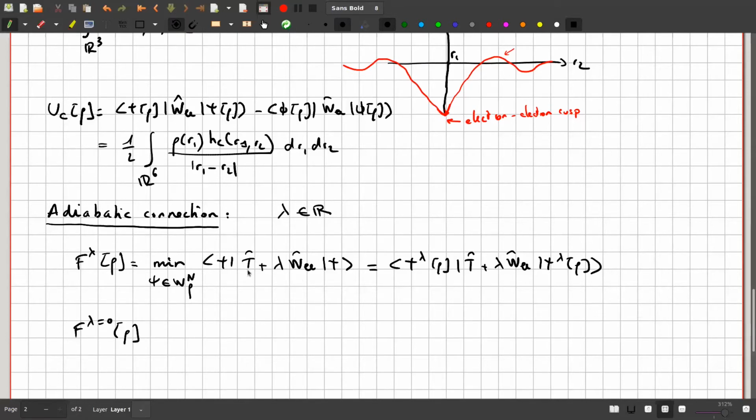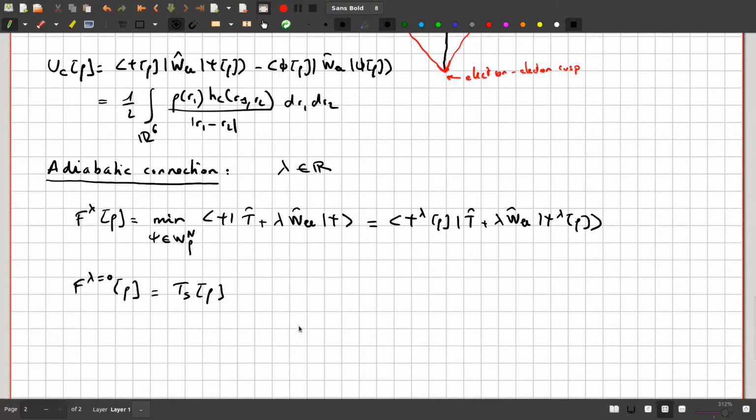And if you assume that the Kohn-Sham system is non-degenerate in its ground state, then if you have only T, you can limit the wave function to be a single Slater determinant. And in this case, you will recover the definition of Ts, that is the non-interacting kinetic energy.